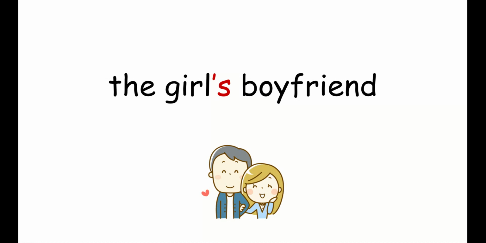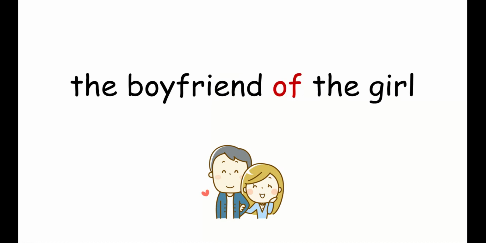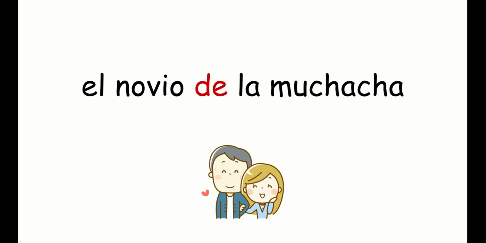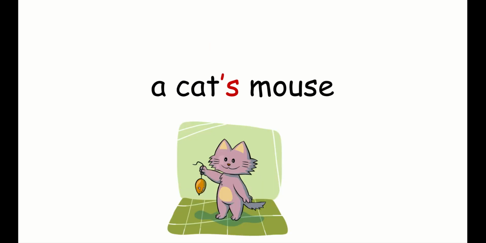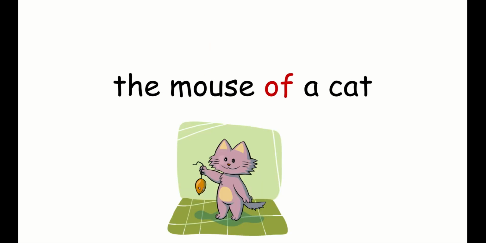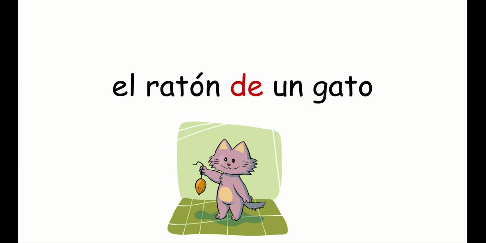A girl's boyfriend, we can't use the apostrophe S in Spanish, so we need to rewrite it as the boyfriend of the girl. Now we can translate it into Spanish and say el novio de la muchacha. Here we know the boyfriend belongs to the girl. El novio belongs to la muchacha. A cat's mouse, we're going to rewrite the mouse of a cat, and then we can put it in Spanish. El ratón de un gato.